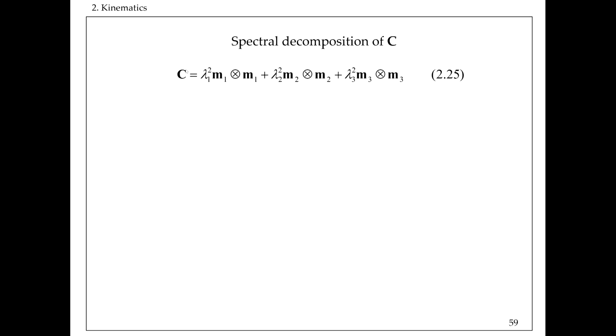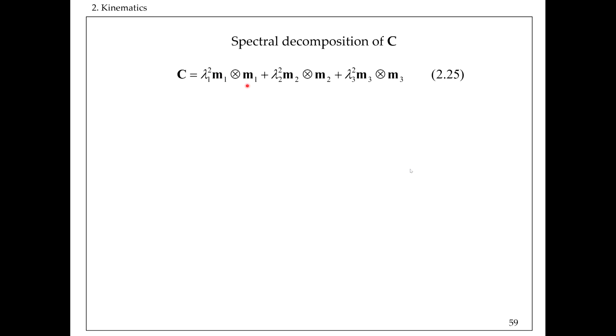The right Cauchy-Green tensor can be expressed this way, in 225, and what you should note here is that instead of E_i, the tensor products here use the new bases defined by the eigenvectors of the right Cauchy-Green tensor.